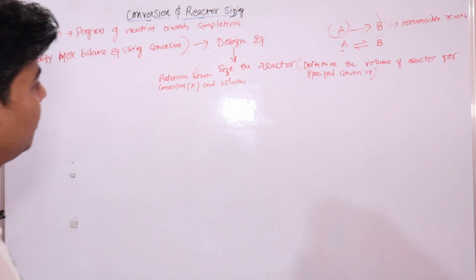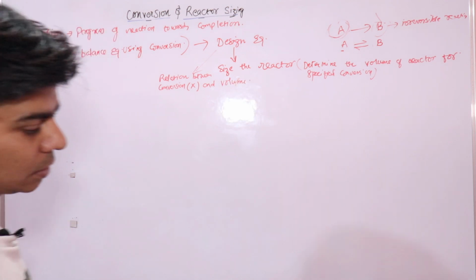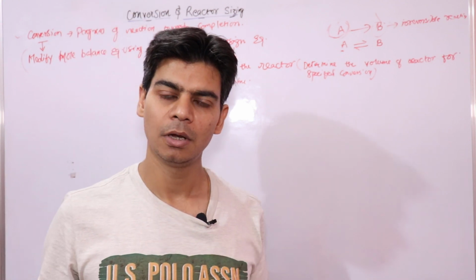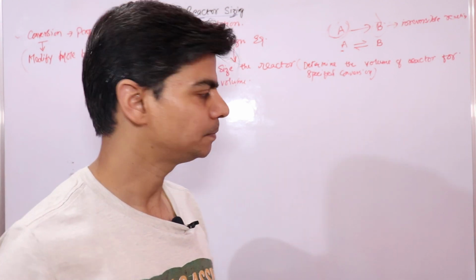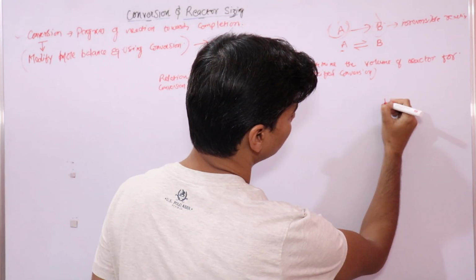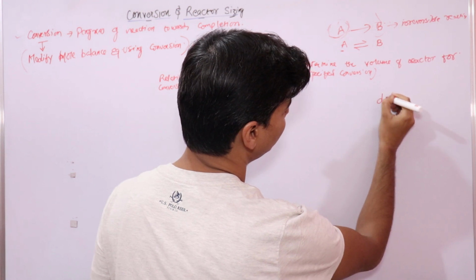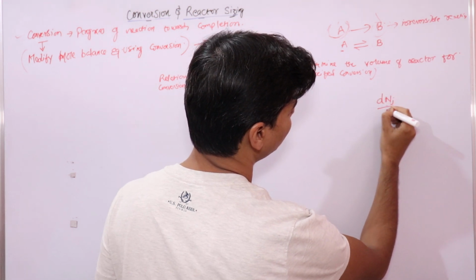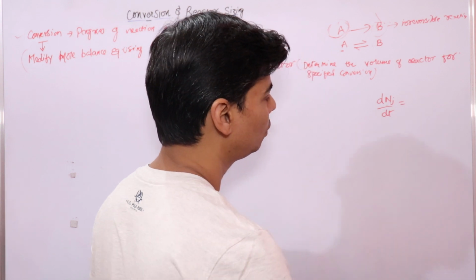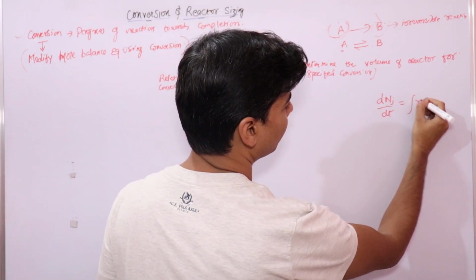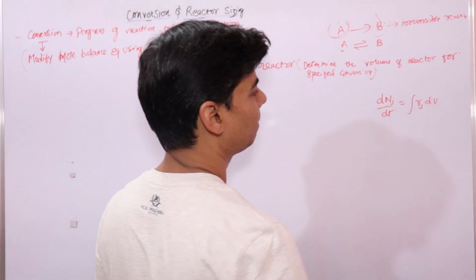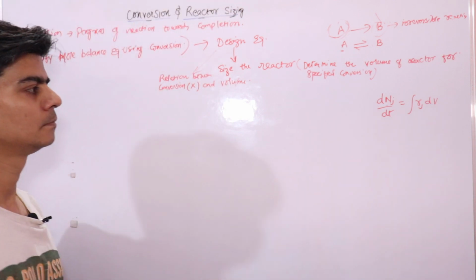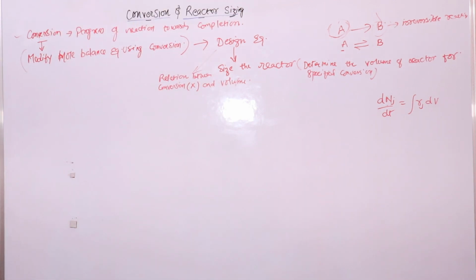And if I recall the mole balance equation for the simple batch reactor, the equation was dnj upon dt is equal to rj dv, right? This is what the equation was for the batch reactor.